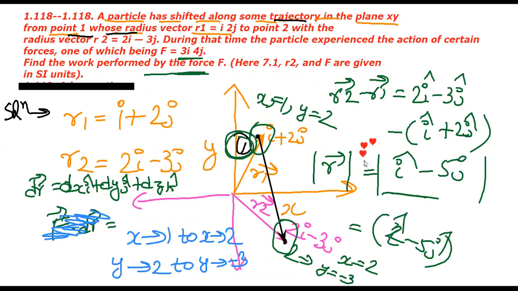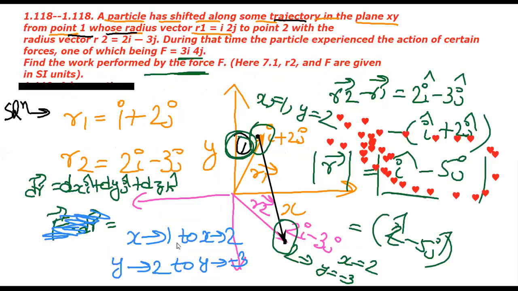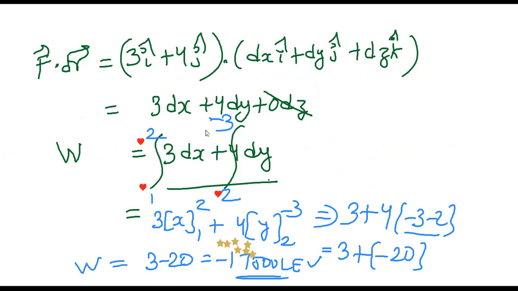Using this trick of the question, the answer came out to be minus 17 joule. In the second method, we put in the limits, the points (1, 2) and (2, minus 3), and the answer again came minus 17 joule. Okay students, the answer is minus 17 joule.